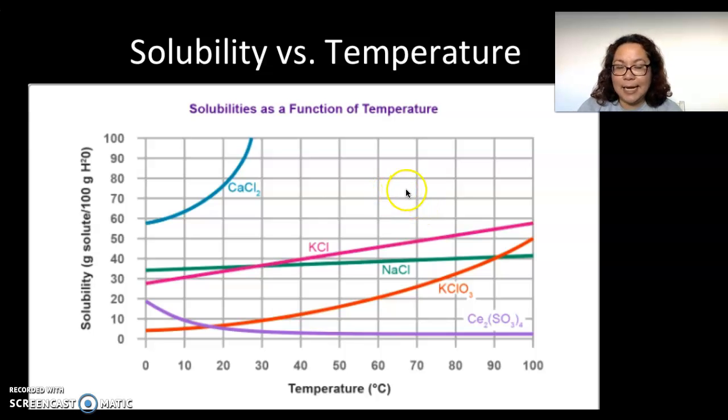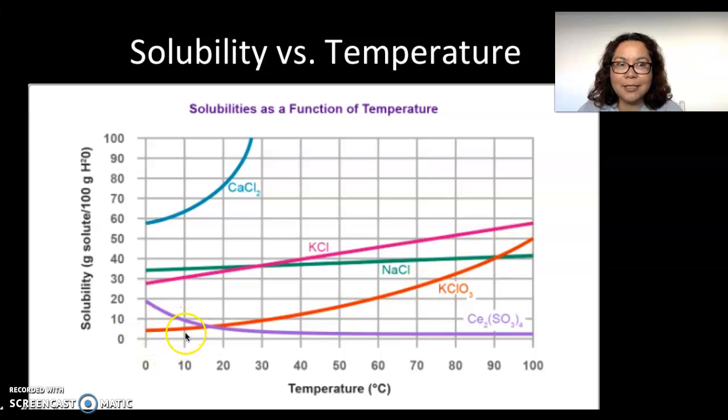The substance that has the greatest solubility at 10 degrees Celsius, let's take a look at 10 degrees Celsius. The one that's practically flat, we already decided it's the slowest rate. This one's a little bit higher. Later on when it becomes even hotter, that's when the slope increases.